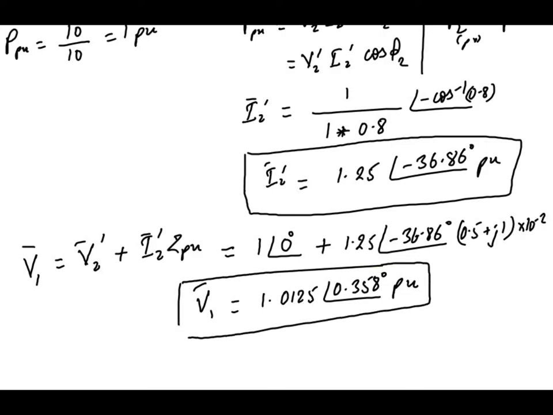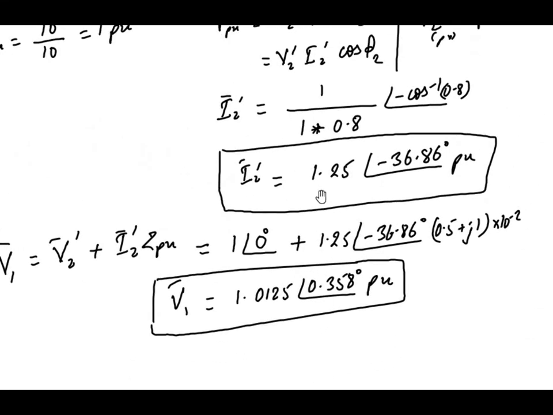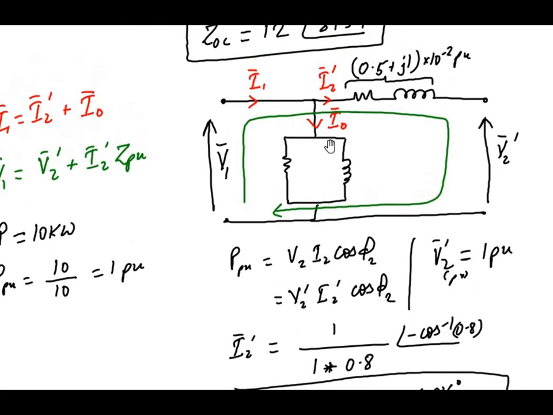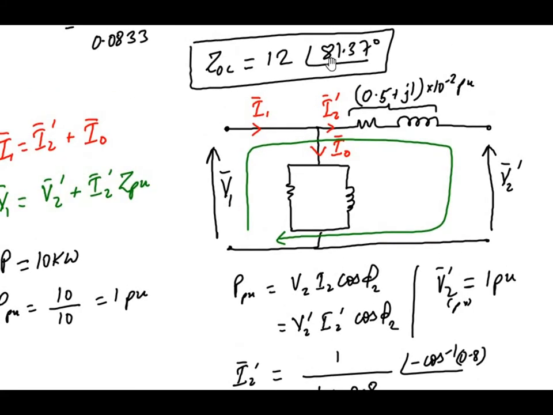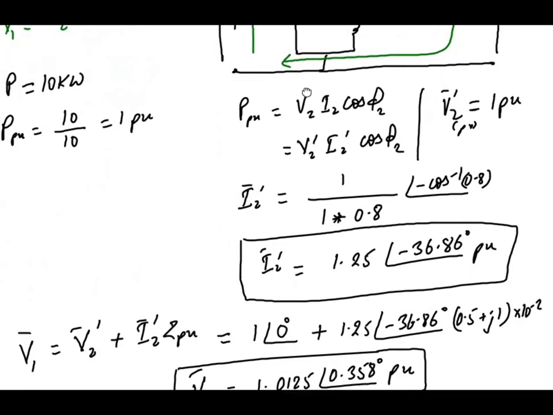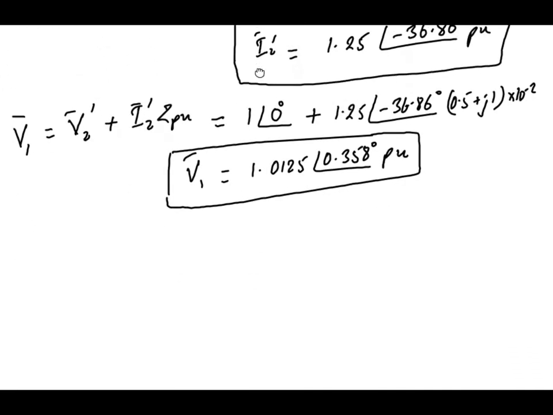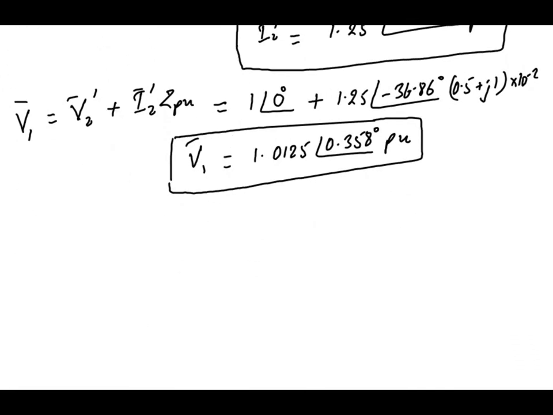As you get the value of V1, you can now calculate the value of I0. From the circuit diagram, I0 will be equal to V1 upon Z open circuit, because the shunt impedance we have already calculated from no load data or open circuit data is 12 angle 81.37 degree. Now let us calculate this no load current at loaded condition, or current in the shunt branch under loaded condition. I0 will be equal to V1 over ZOC.